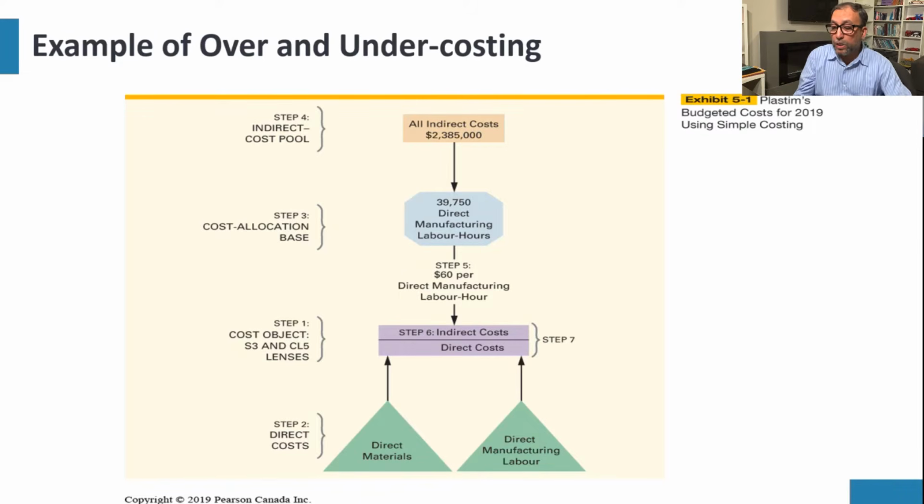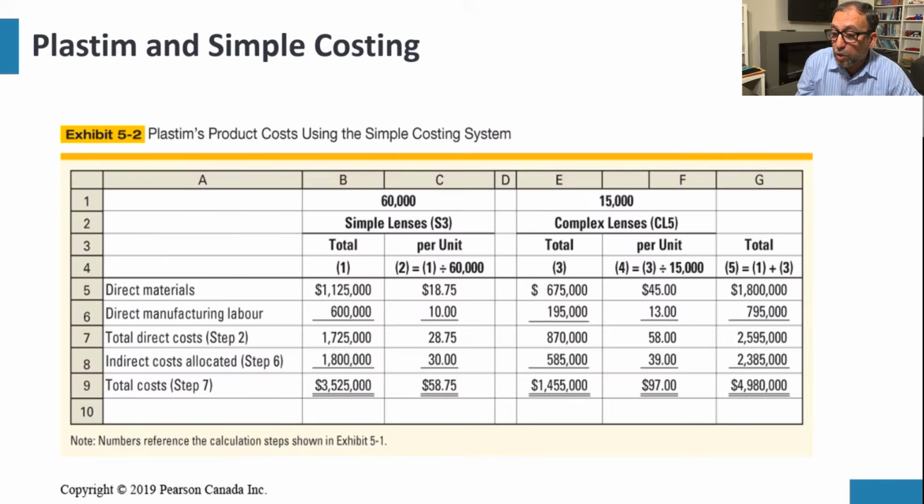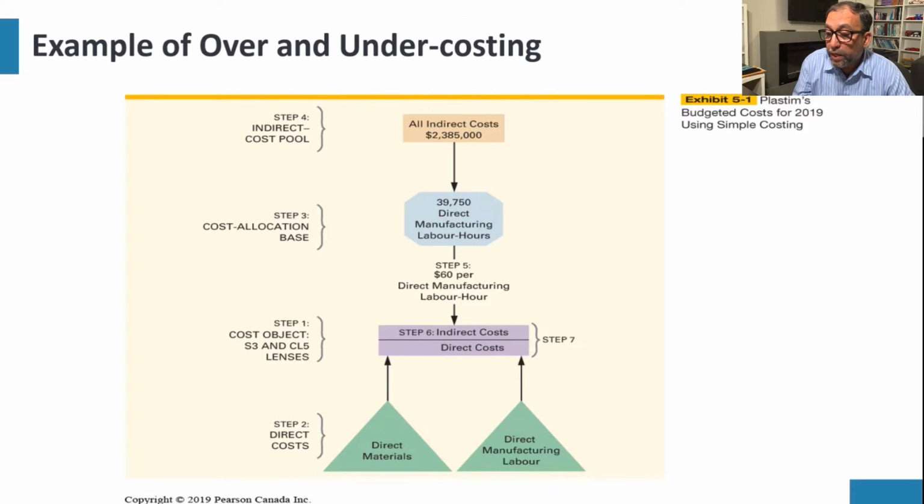So by this way, they distribute this cost. They calculate by dividing the whole total indirect cost by the total number of direct labor hours used for both the products, and they get $60 per hour. So the average indirect cost is $60 per direct labor hour.